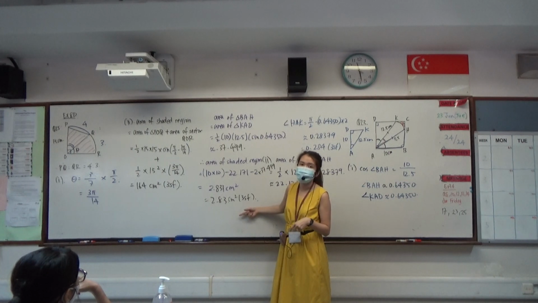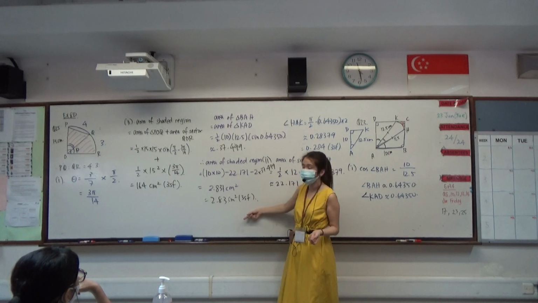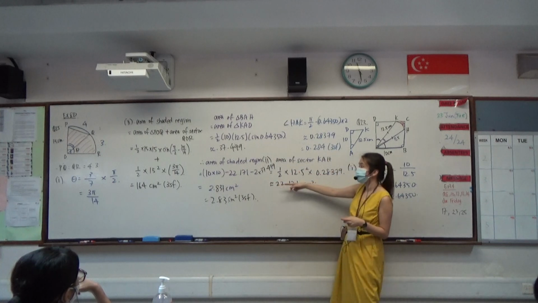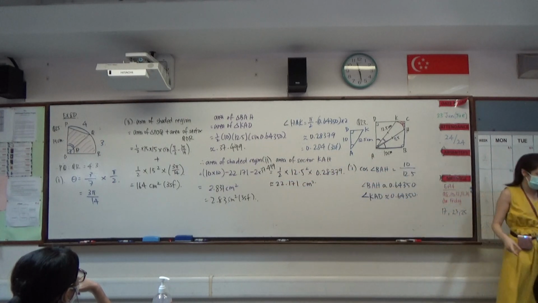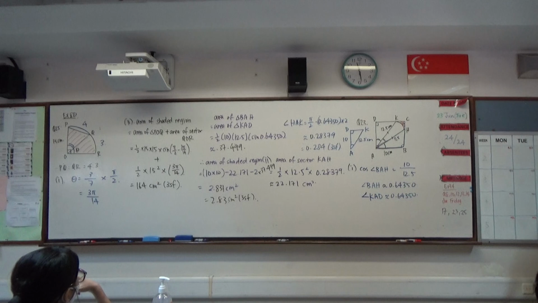So I cannot address all the different cases, and it is a waste of time for me to do that. It will be more efficient if I just cover the concept behind it. I also want to point out that your textbook doesn't comply with exam standards, so you need to know the exam standards in terms of the accuracy required.